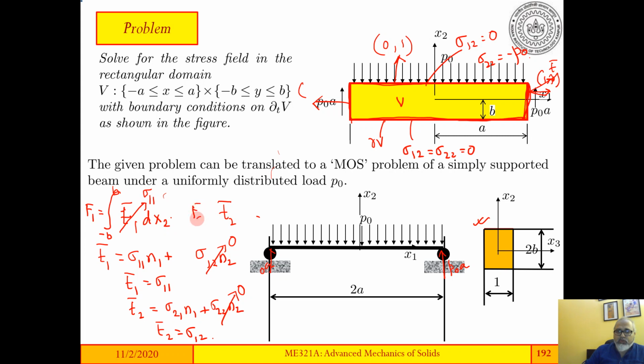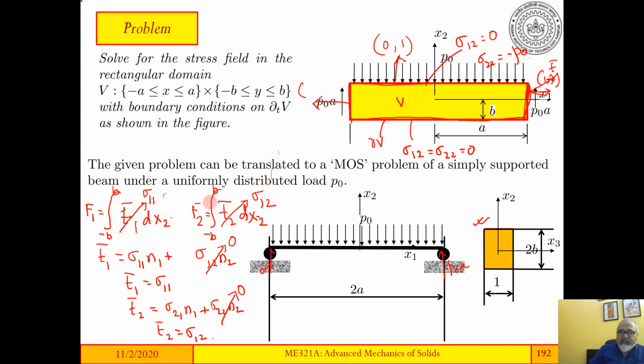Similarly, F2 is the integral from minus b to b of T2 bar dx2, and this is equal to sigma 1,2. So force F1 is the integral of sigma 1,1 dx2 from minus b to b. F2 is the integral of sigma 1,2 dx2 from minus b to b.